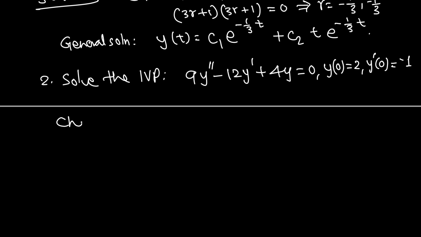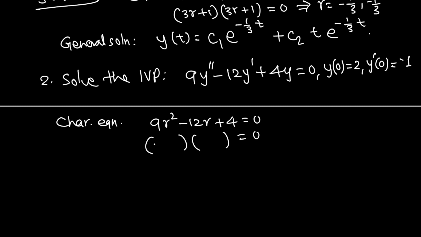For this we find the characteristic equation: ar squared means 9r squared plus br, negative 12r, plus c, 4 equals 0. And we can factor this, by the way. (3r minus 2) squared: 3r, 2 times 2 is 4, and to get negative 12r we need negative 6r twice.